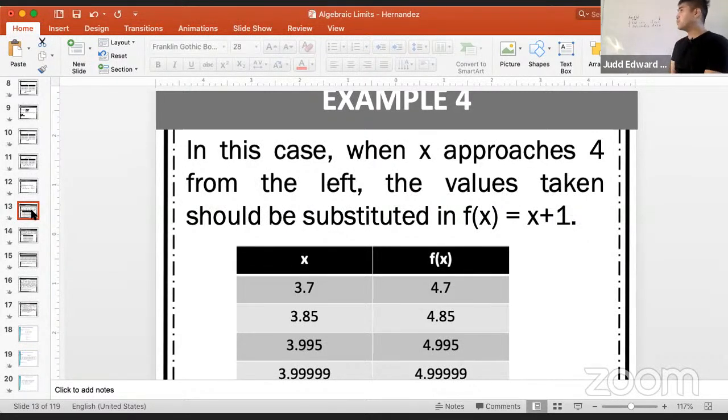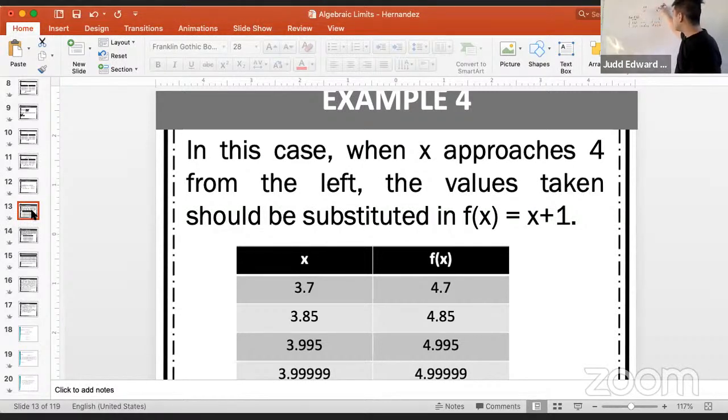So, paano tayo mamimili ngayon? Okay, so ganito lang po yan. Pag sinabi nating x from the left, yun po ba ay less than 4 or greater than 4? Less than 4 po. So, that is less than 4. Tama po ba? Yes. Okay.